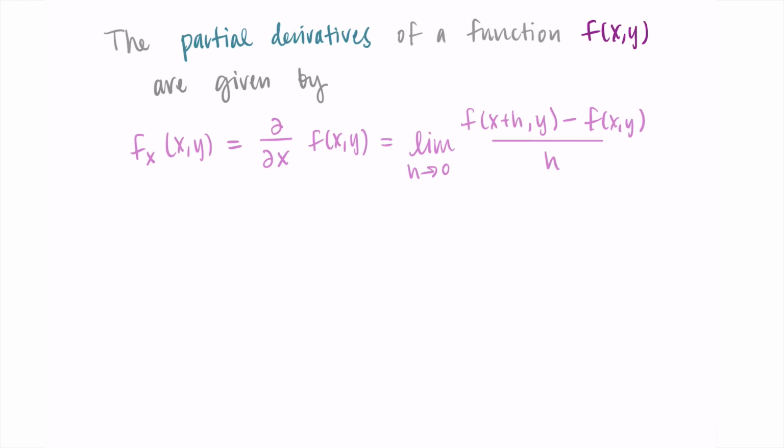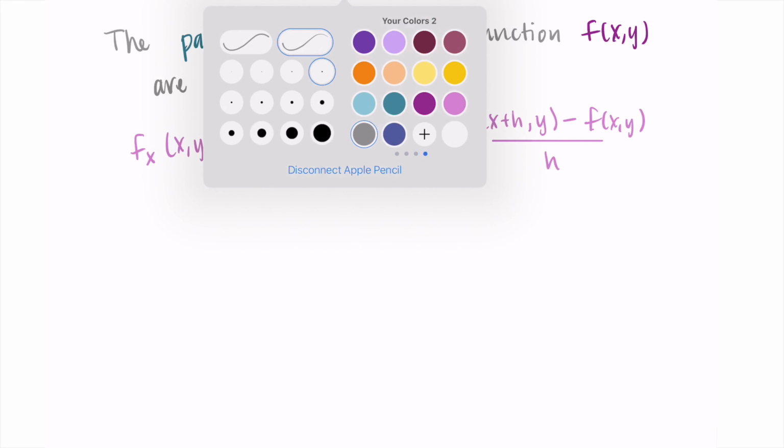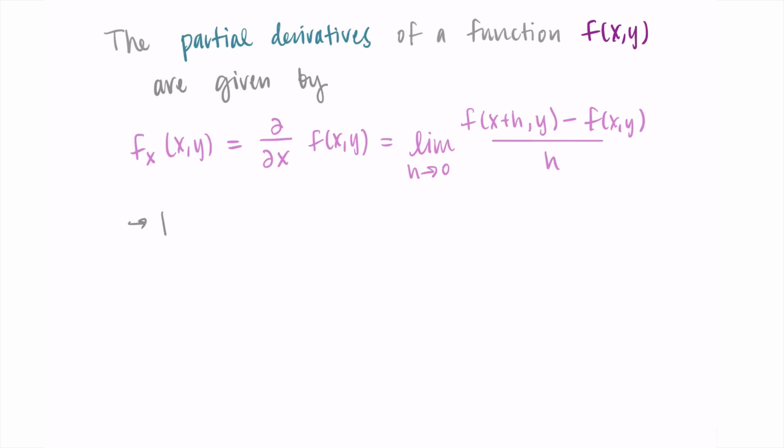How this works when we actually do it with math is that we treat y as a constant. What I just wrote, the partial derivative of f with respect to x, is the derivative of f where y is treated as a constant.